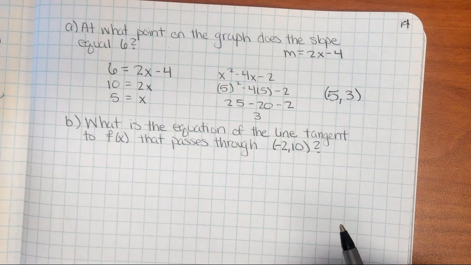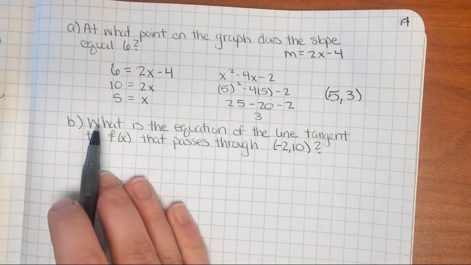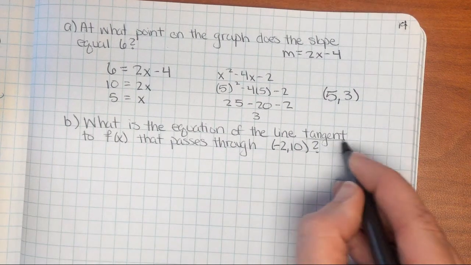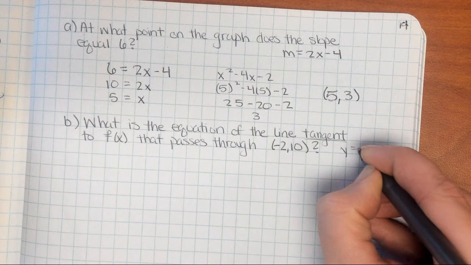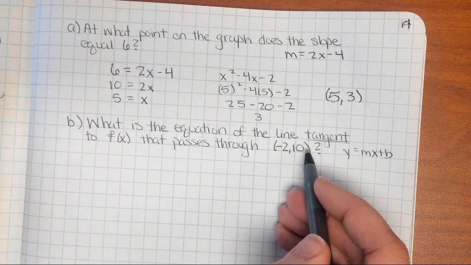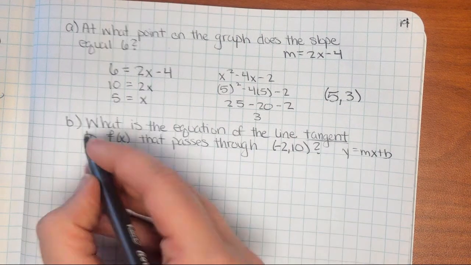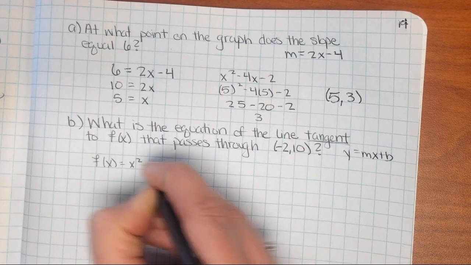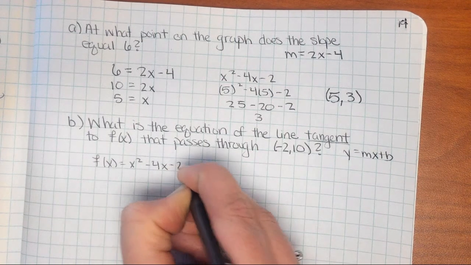Okay? And then it says, what is the equation of the line tangent? So for tangent, I'm looking for a y equals mx plus b equation to f of x that passes through the point negative 2, 10. So again, we're going to use that same f of x equals x squared minus 4x minus 2 equation. Okay?